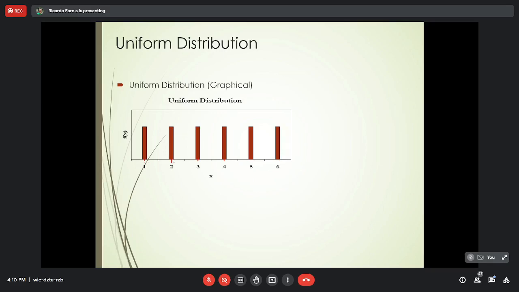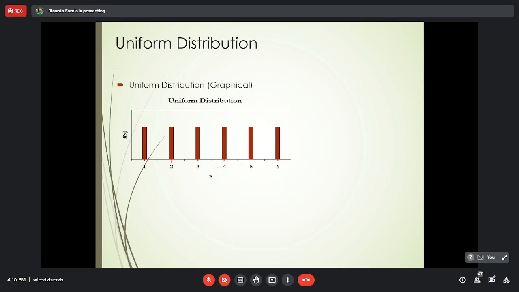The probability of obtaining a 2 is 1/6. The probability of obtaining a 3 is 1/6, and so on. The probability of obtaining a 6 is also 1/6. So this is uniform distribution.